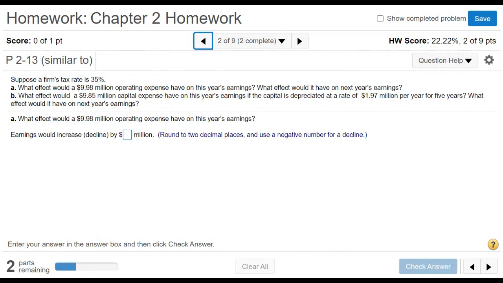What do we do here? With the operating expense, what operating expense?